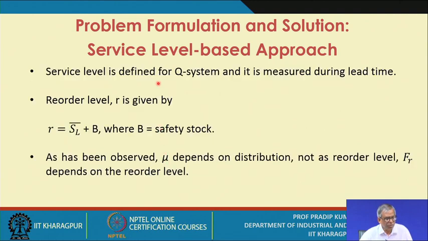So service level is defined for the Q system here, and it is measured during lead time. The reorder level, with the notation small r, is SL bar plus B, where B is the safety stock or buffer stock. As has been observed, mu depends on the distribution, not on the reorder level, whereas FR depends on the reorder level. This is the conclusion.